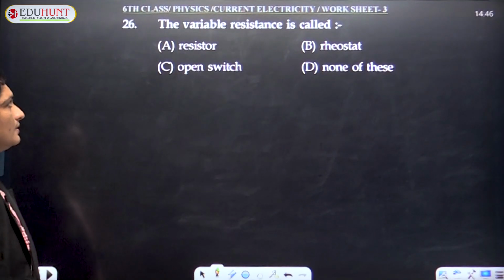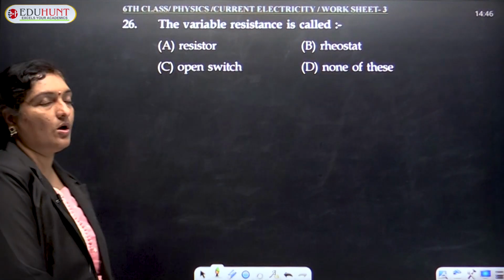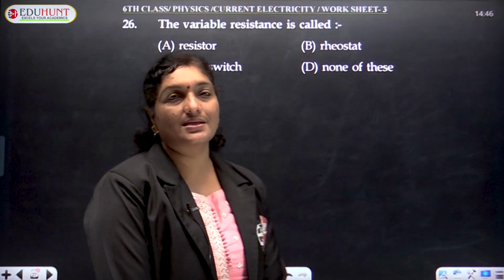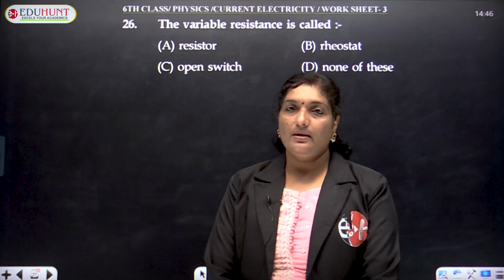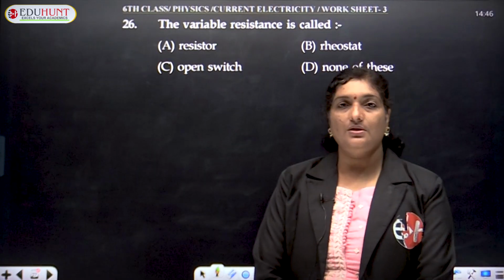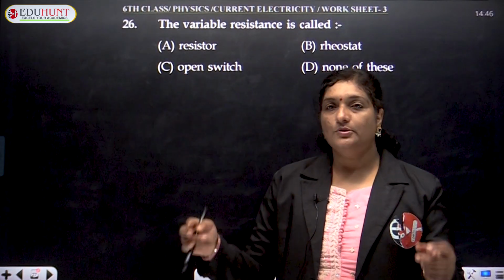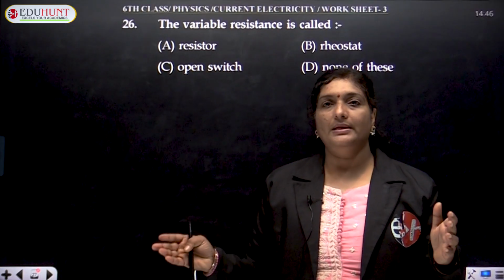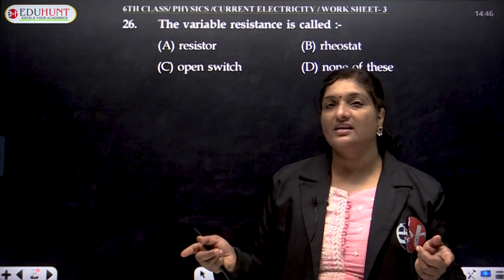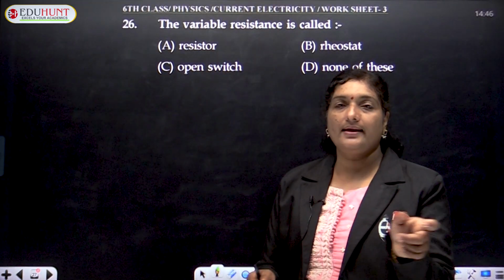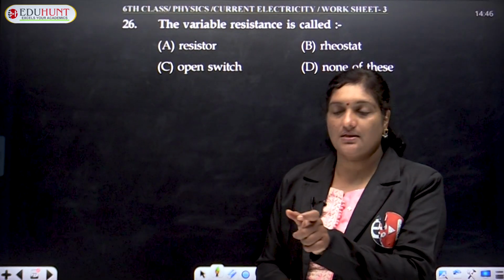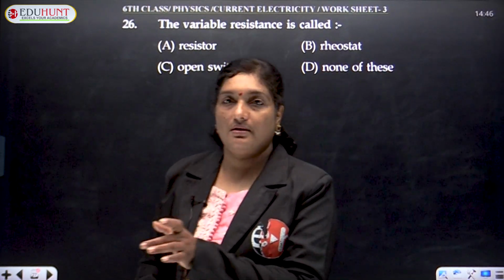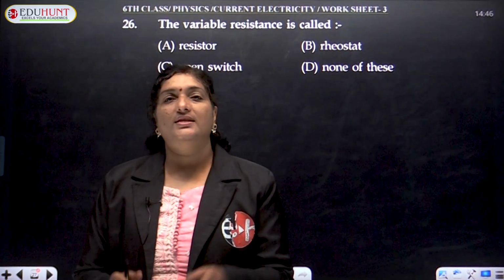Over. Now the next question: the variable resistance is called. I told you we have fixed resistance and variable resistance. Variable resistance, I showed you the picture also in the previous classes. It will have 3 terminals. There are 2 terminals, if you use it as a potential divider, and the middle connector we can change its position gradually, such that we can change the resistance.